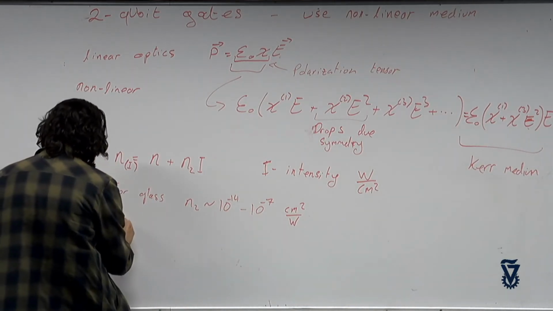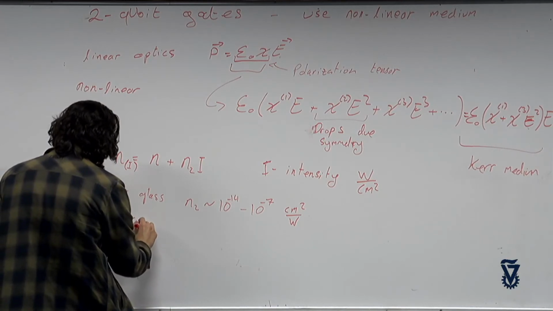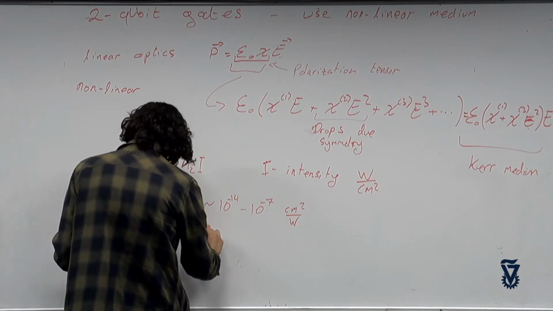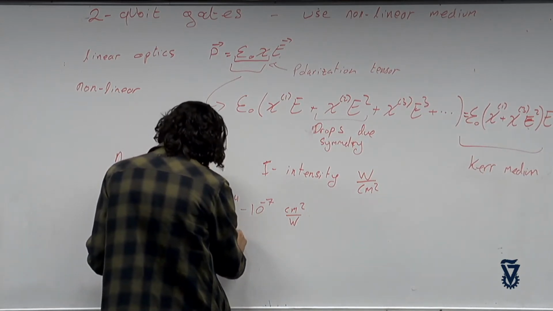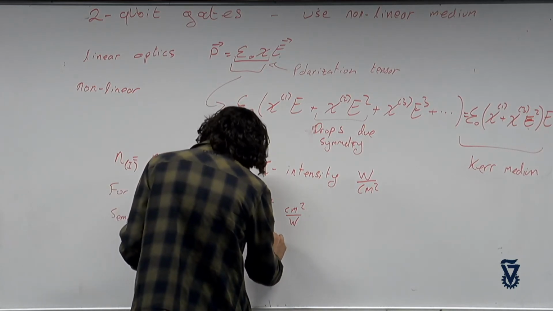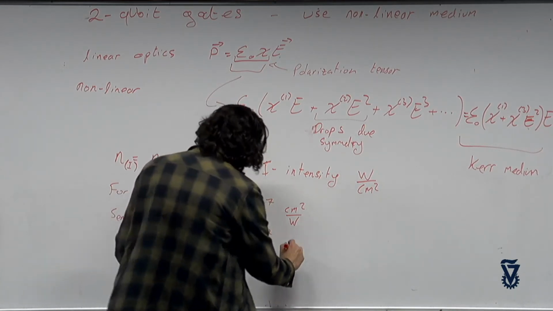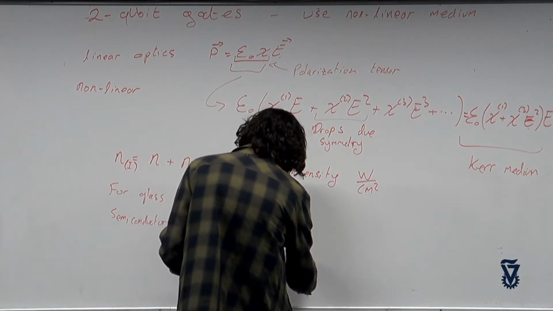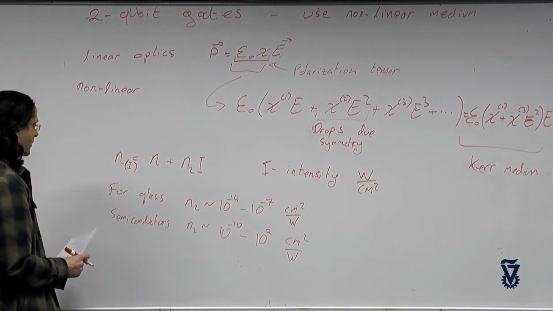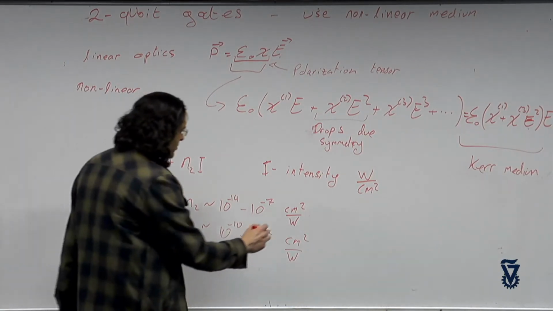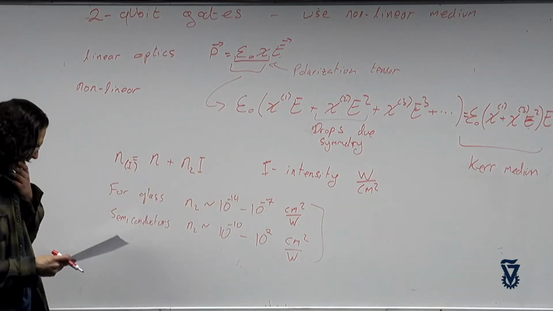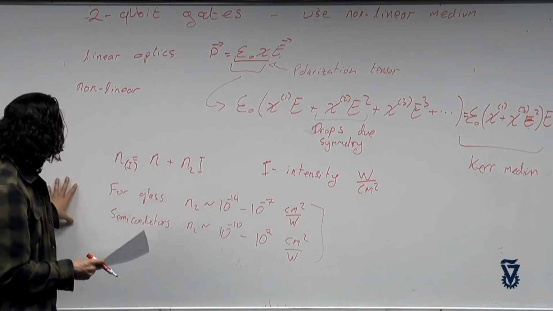And for semiconductors, n2 is much larger. It goes from 10 to the minus 10 all the way to 100. And these numbers are also taken from the Nielsen and Chuang book where they have this discussion. I copied the numbers from there.